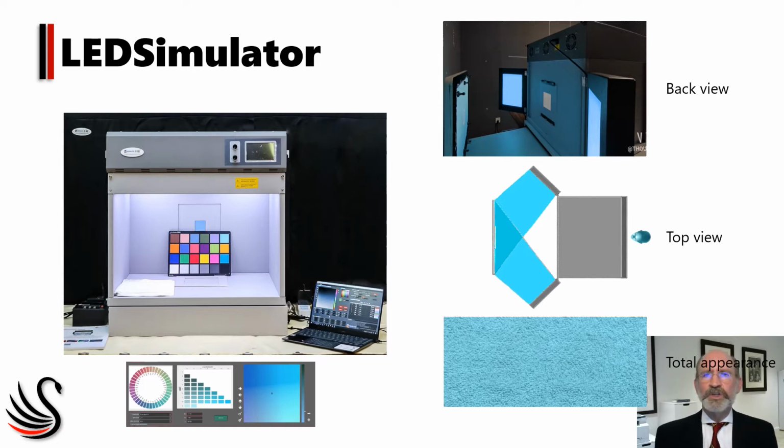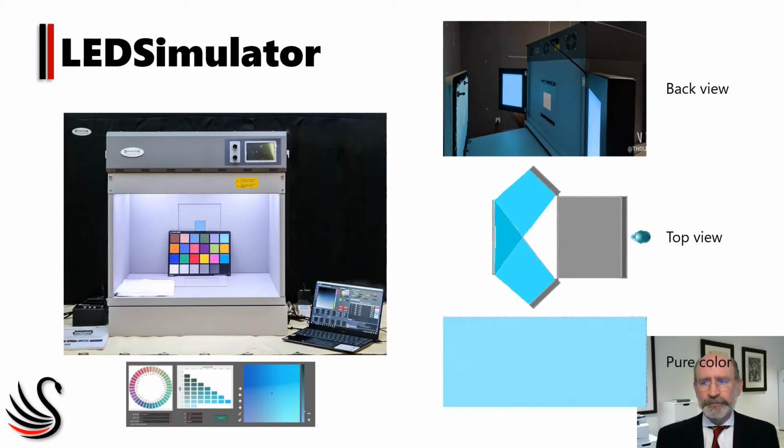If you were going to look at that fabric in the light box itself, it would be lit with white light to a certain illuminance level. Instead, LEDSimulator lights that fabric with a very, very precise version of a shade that corresponds to the color that was selected in the computer interface in Colorway.